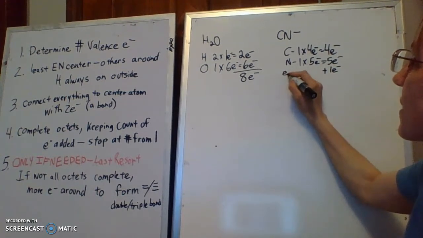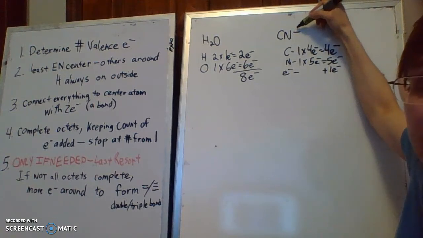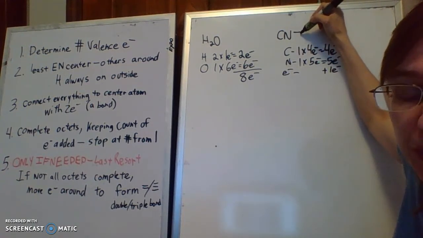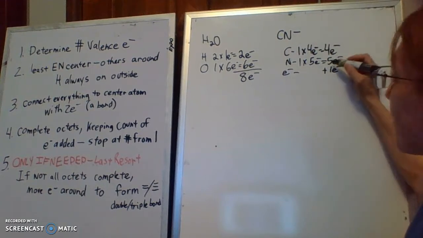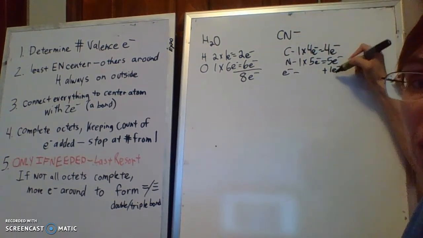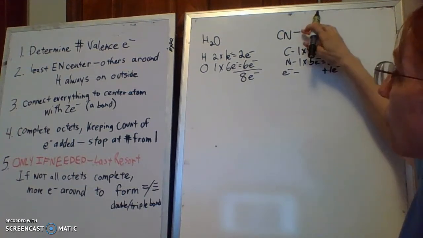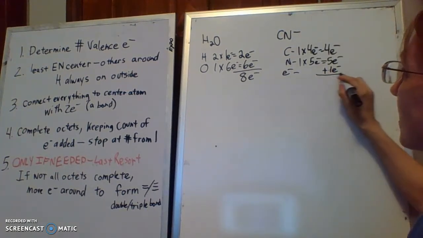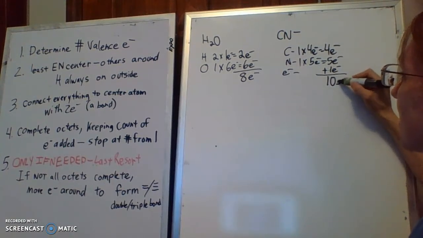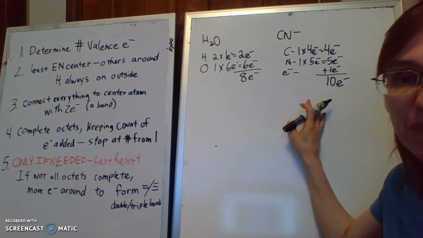If it is a plus sign for your charge on your ion, you would have to subtract electrons, because remember, the reason why it's plus is it lost some electrons. We have a negative, so we're going to add the electron. We have 9, and there's 10. This ion has 10 valence electrons.